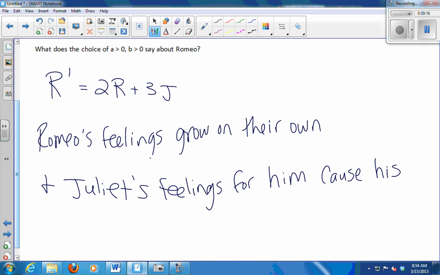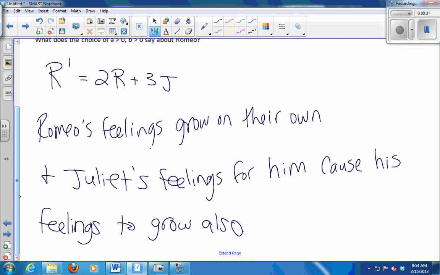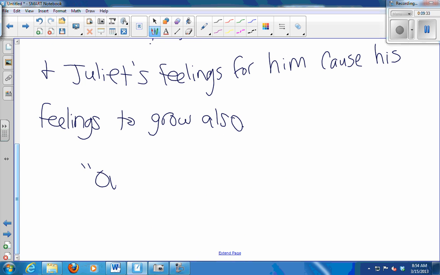So Juliet's feelings for him cause his feelings to grow also. I don't know, you can come up with some other name. So this is unrealistic, sure.